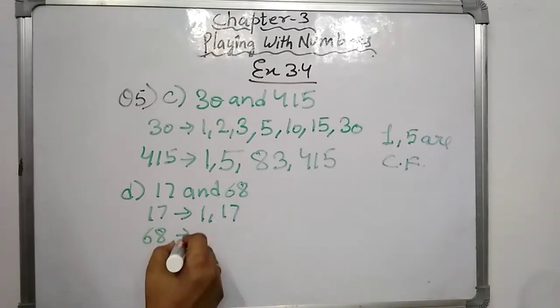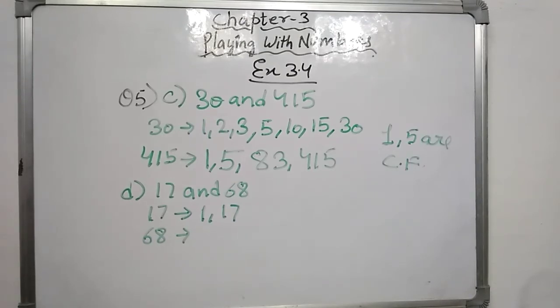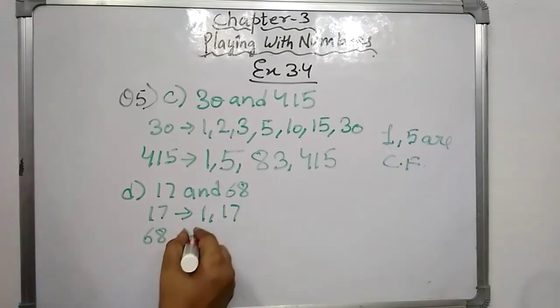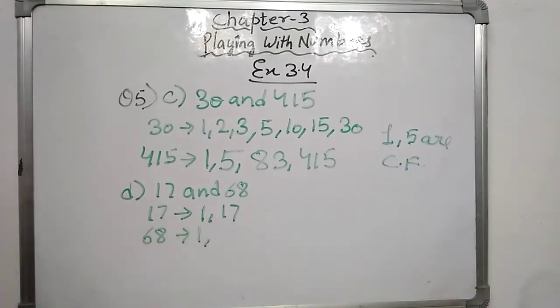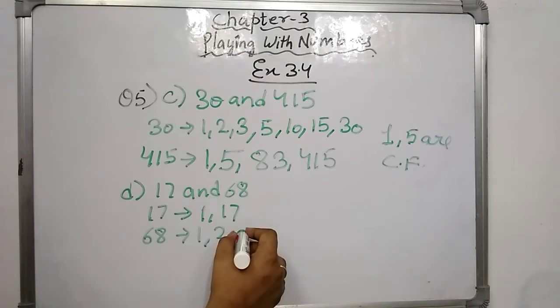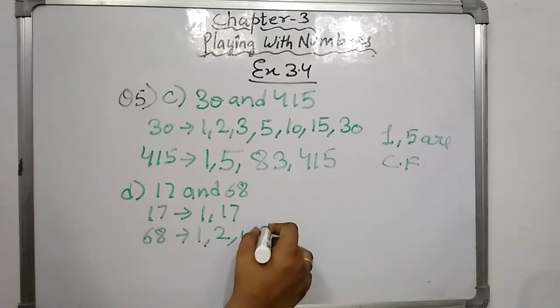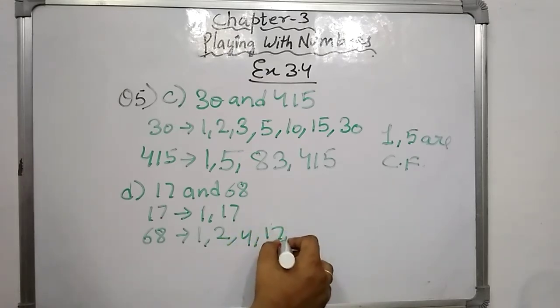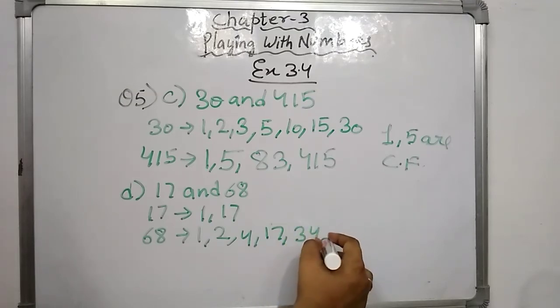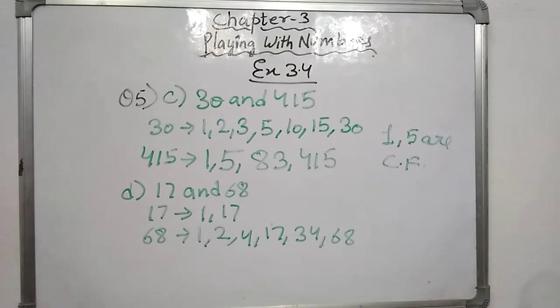Now let's check factors of 68: 1, 2, 4, 17, 34 and 68.